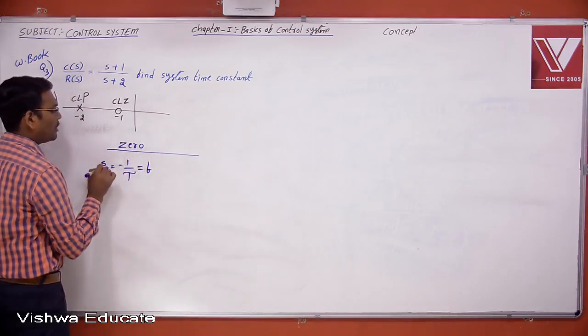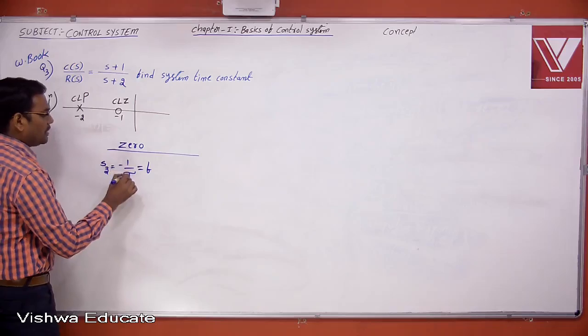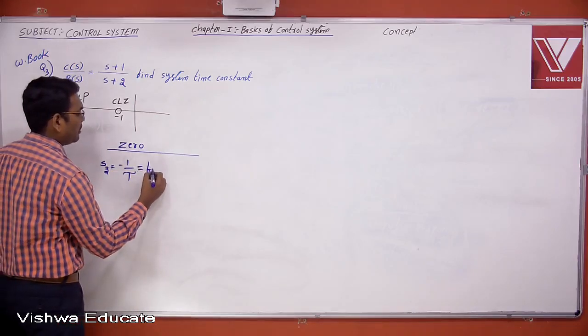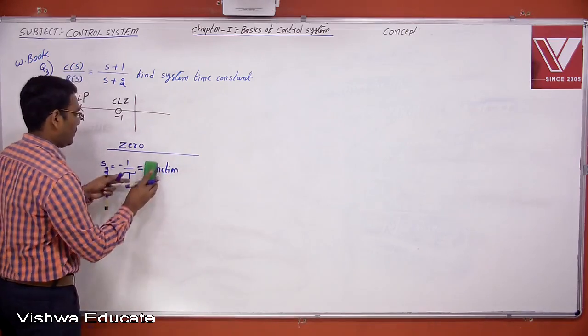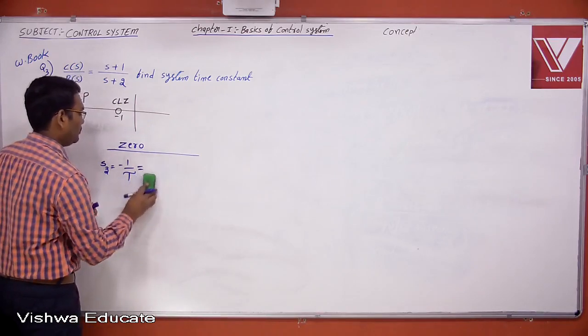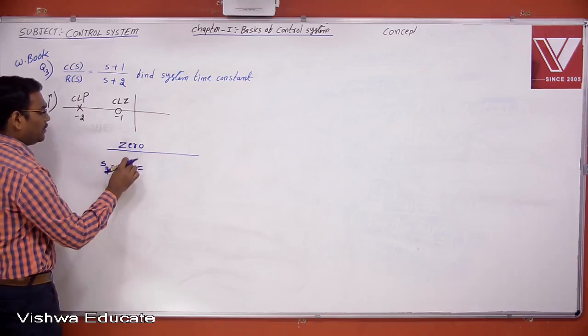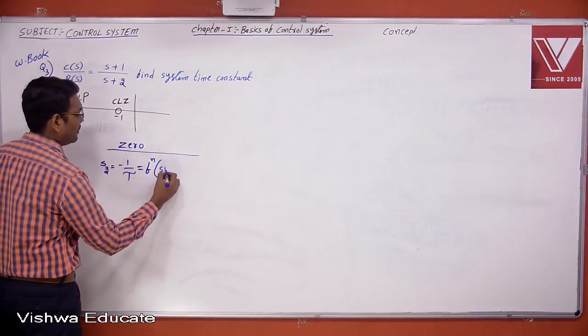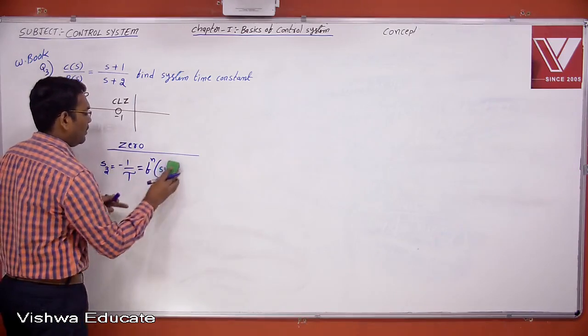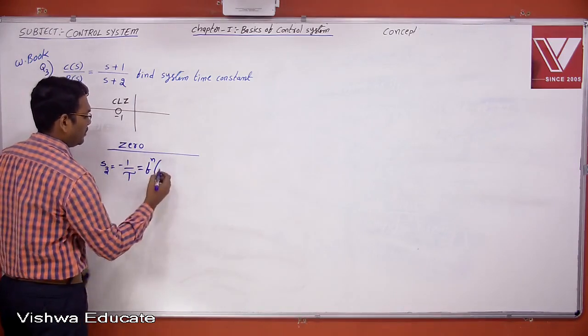Zero, which is a root of the numerator polynomial, which is a negative of the reciprocal of system time constant, which is a function of time constant and makes the transfer function zero.